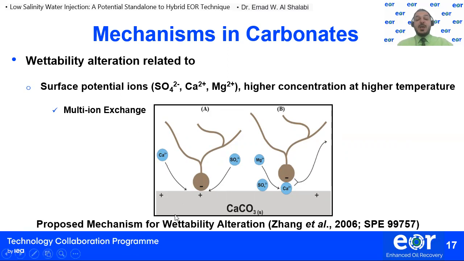So basically, we believe that carbonate reservoirs at reservoir conditions are usually positively charged, or they have positively charged sites. And then the negatively charged oil carboxylated group will be sticking to that.